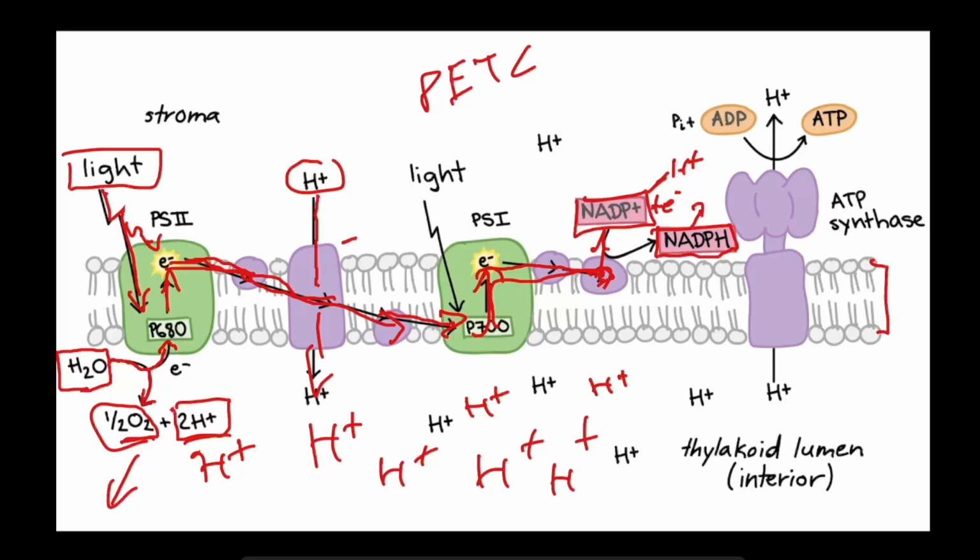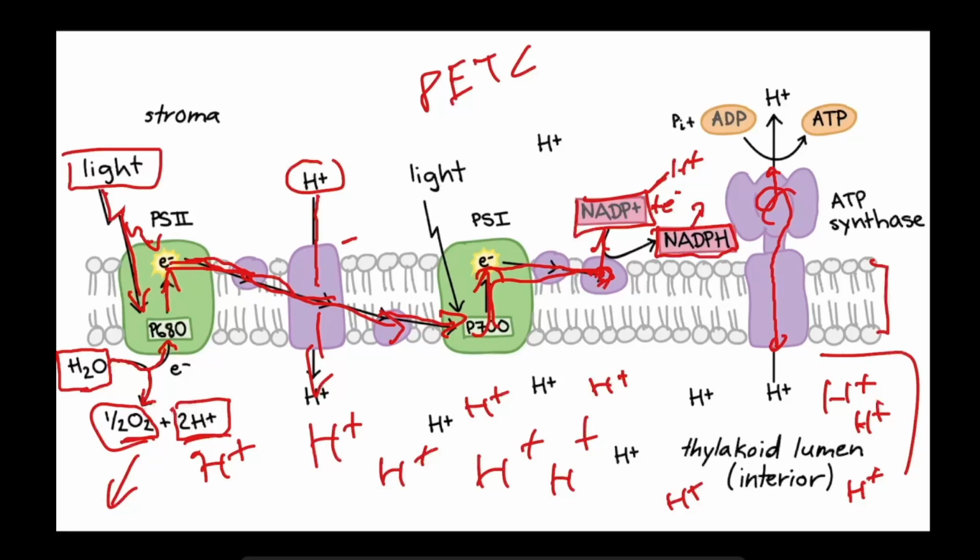Well, now we've got this huge lumen full of protons. So what are we going to do with that? Well, the cell makes one opening that the protons can go through, and it just so happens that that opening is called ATP synthase, and ATP synthase uses the protons that slide through it like a water wheel.